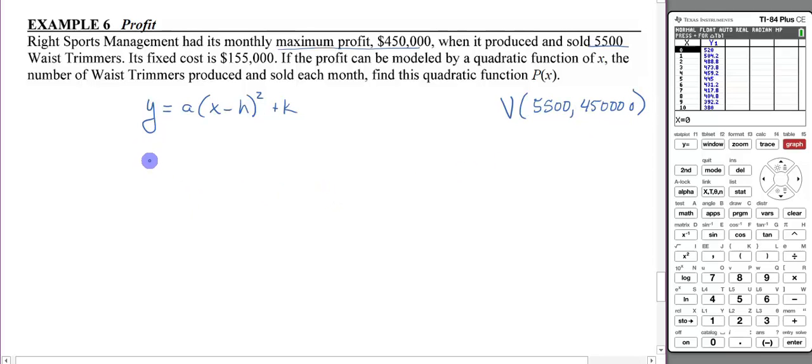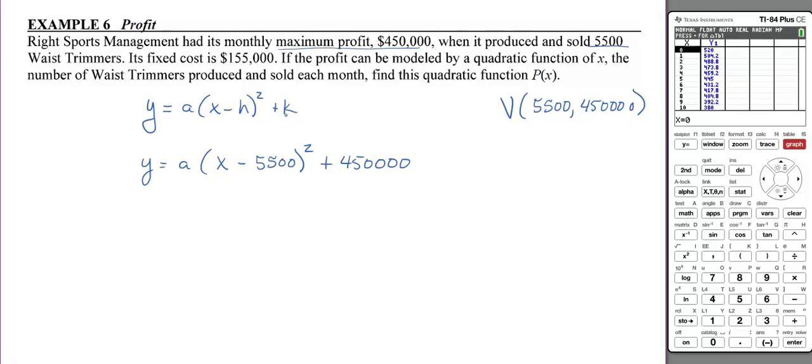So we can put that into our function here via x minus 5,500 quantity squared, and adding in 450,000, and we need another point. We need a point to put in for our x y, not the vertex point. The vertex point is h k. We need another point that is not the vertex that we can put in for x and y.